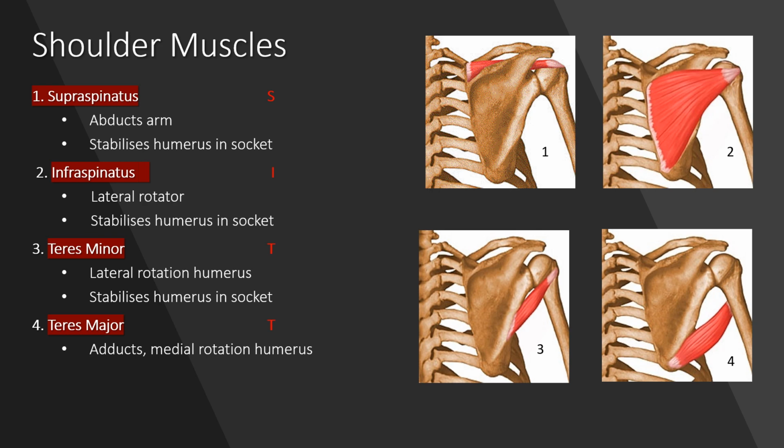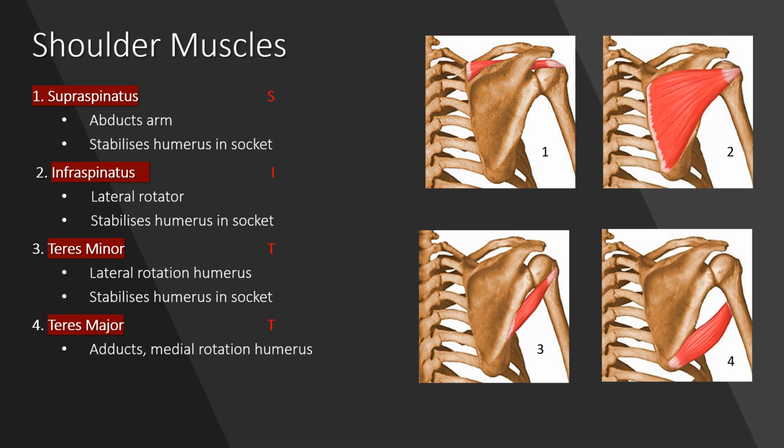I call it the supermarket muscle because when we go to the supermarket, our shopping bags we hold just slightly abducted away from the body. So if you're holding shopping bags or going to the supermarket, it's this muscle that helps you to hold these shopping bags. So it's a slight abduction.